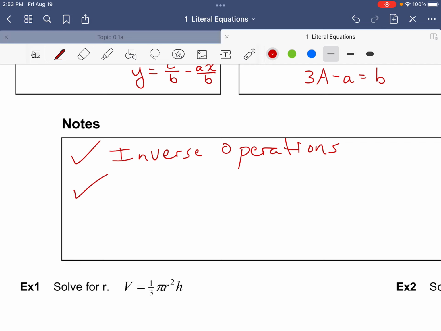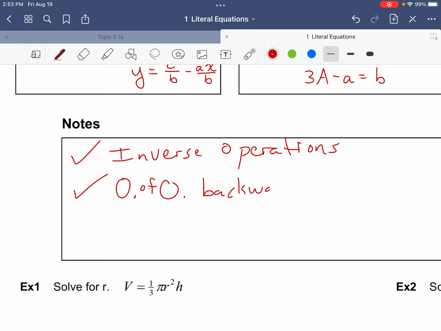Now, did you notice that for each one of these equations, I did always work with the order of operations. So can I abbreviate that? Order of operations. I did the order of operations backwards.